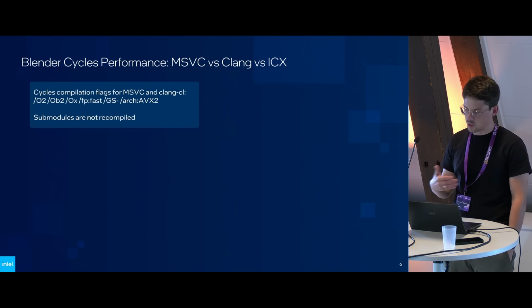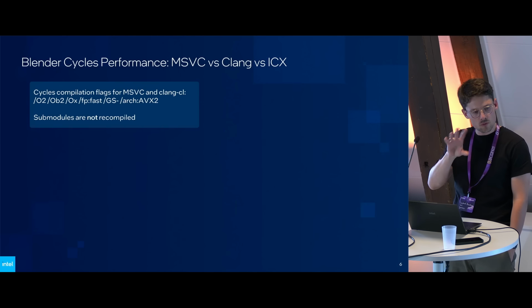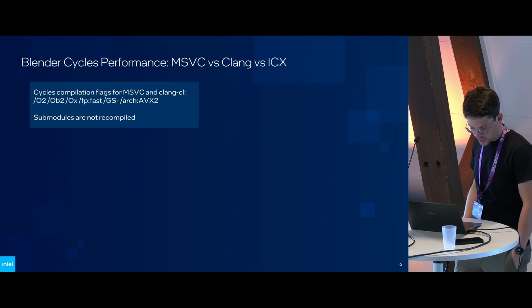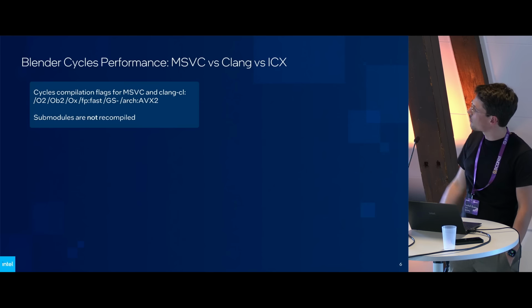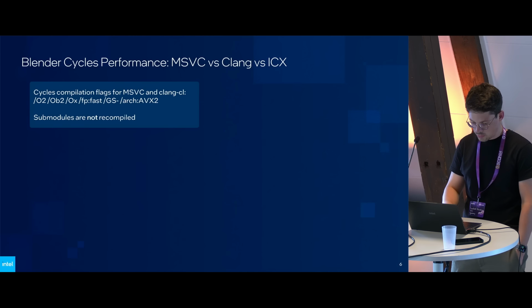So we have O2, OX. Cycles uses FastMath, so there will be a few differences in the results of the compilers, but that's the price you pay for FastMath. And we have vectorization with AVX2. And I didn't have to recompile any submodules with this.